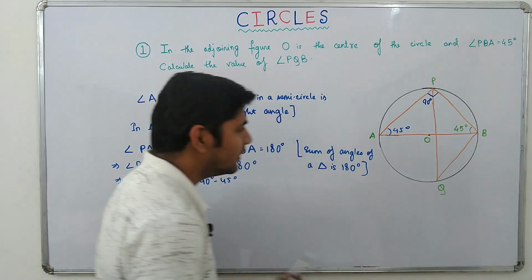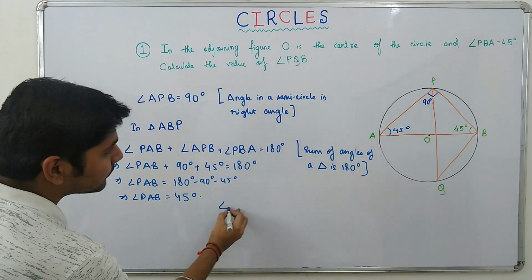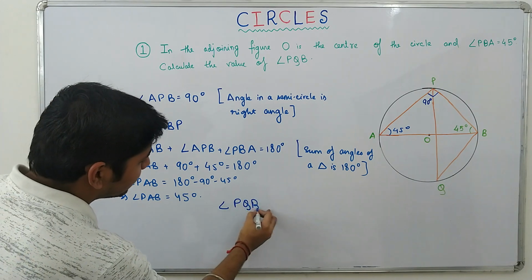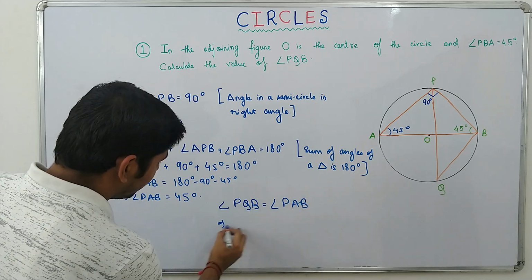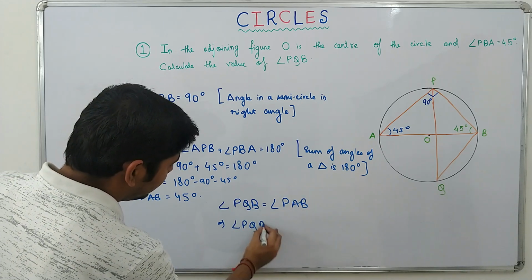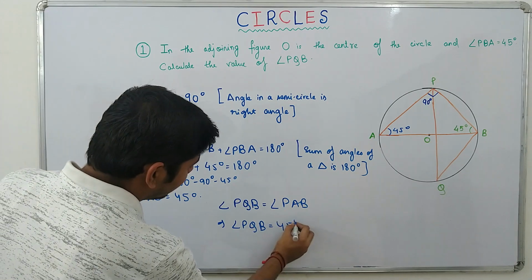So we get the answer. Let me write it down, that angle PQB is equal to angle PAB. Therefore angle PQB is equal to 45 degree.